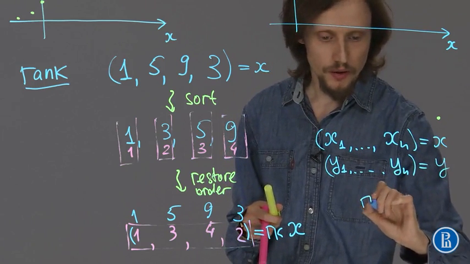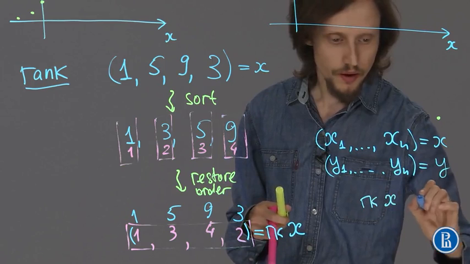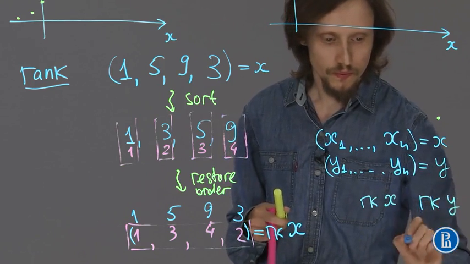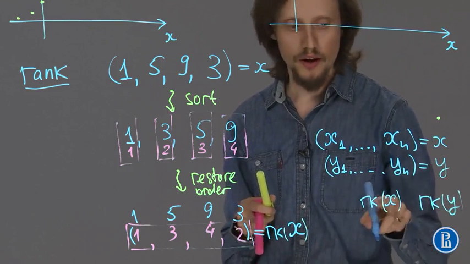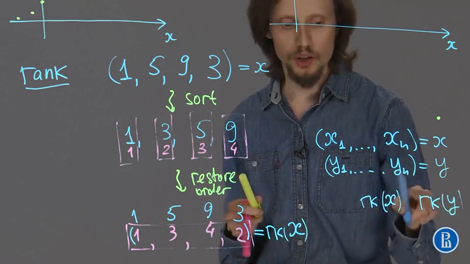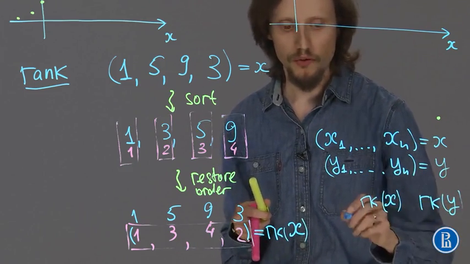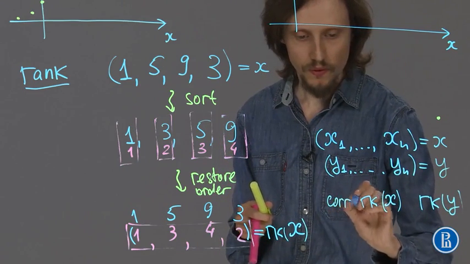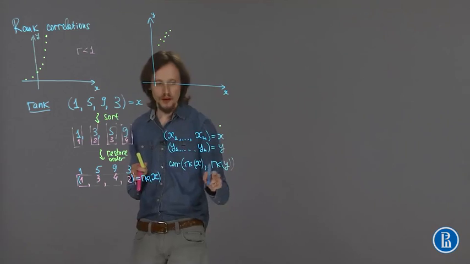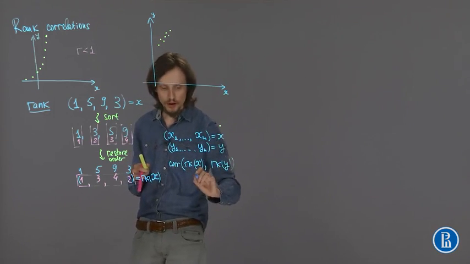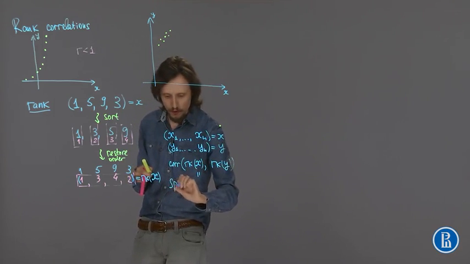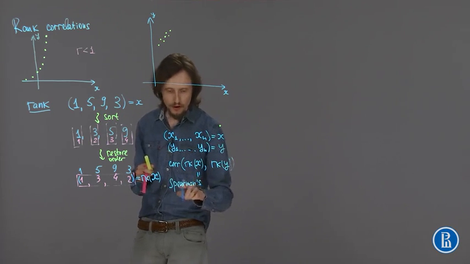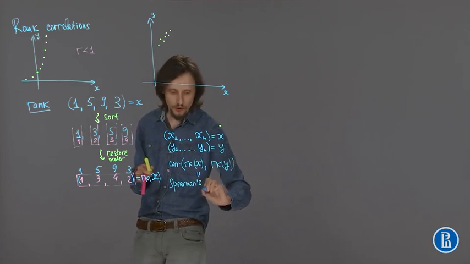I will get rank x and rank y. Then I will calculate Pearson's correlation between these transformed variables. The result of this operation is called Spearman's correlation between x and y. It is usually denoted by Greek letter rho.